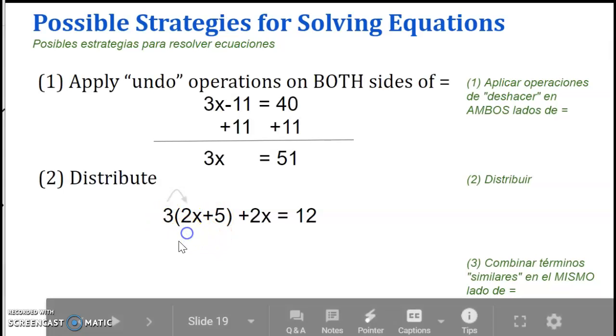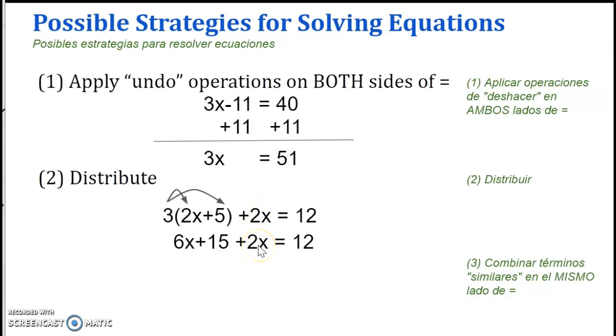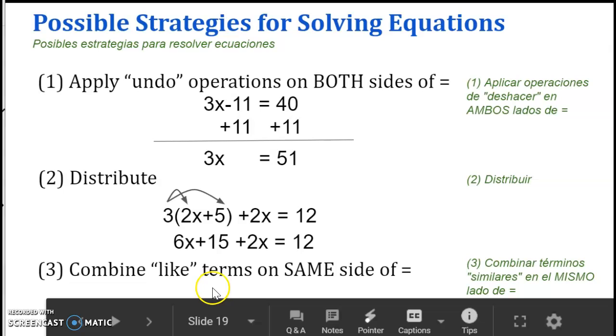So 3 times 2x is 6x and 3 times 5 is 15. So 6x plus 15 is here, and then plus 2x from here, and then also combining like terms on the same side of the equal sign. When you see this, what are the like terms that we can combine? I see that 6x and 2x are like terms here.